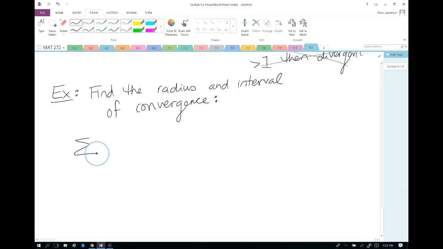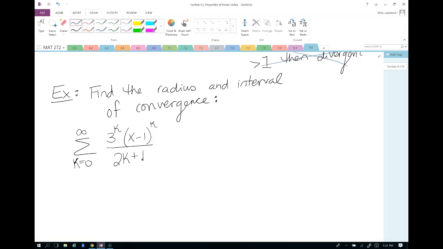So for our first example, we want to find the radius and interval of convergence for the sum from k equals 0 to infinity of 3 to the k, x minus 1 to the k, all over 2k plus 1. This definitely does not look like a geometric series.